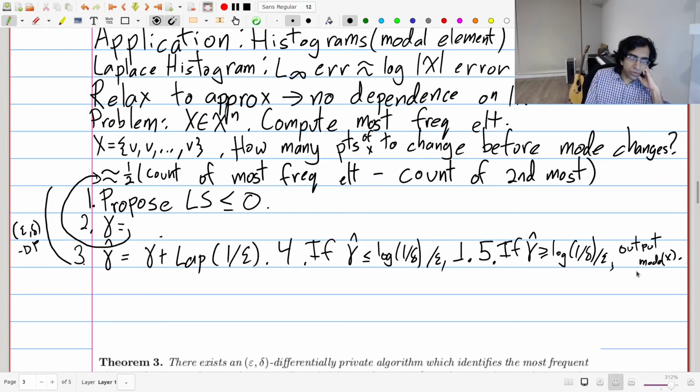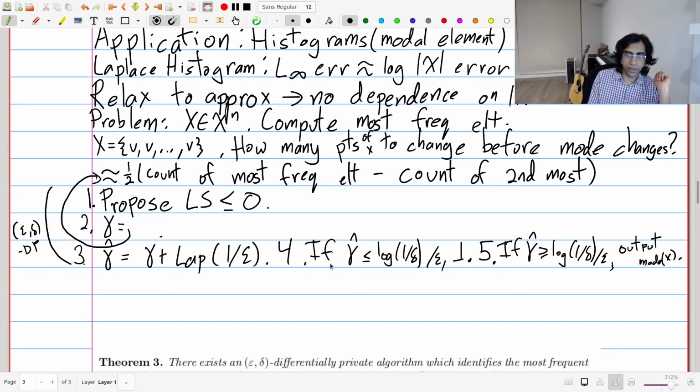Now the question is, what type of accuracy does this guarantee? Well, you can see that if gamma hat is greater than this quantity here, then we'll output the mode exactly. So another way of saying that is we get the answer right if gamma hat is greater than this quantity.